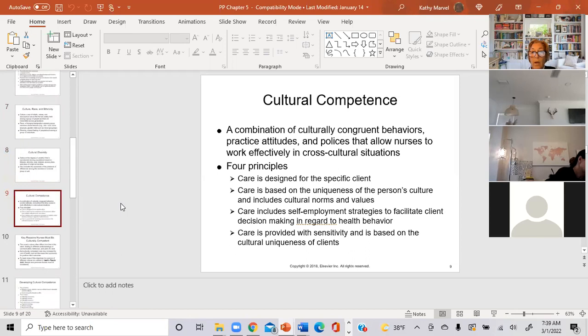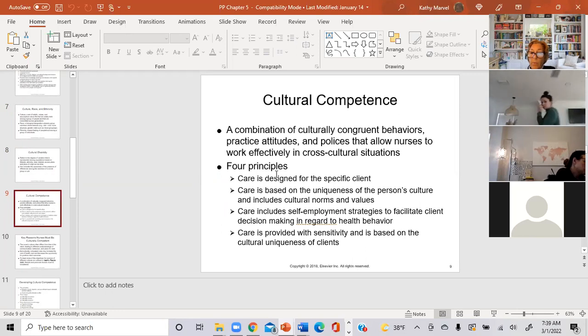And then what is cultural competence? We have 4 principles of cultural competence, and they're outlined for you right here in slide 9. Really important: care is designed for a specific client. Care is based on the uniqueness of the person's culture and should include cultural norms and values.